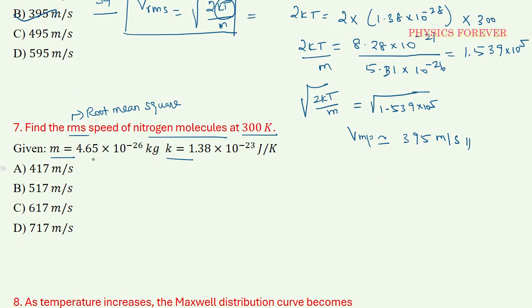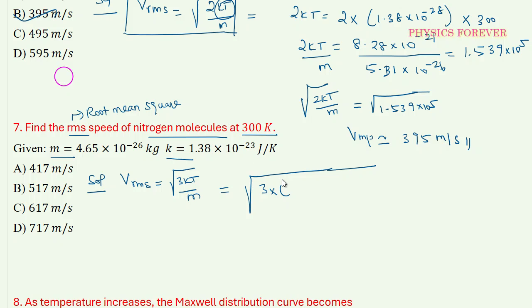So 3 into k, which is 1.38 into 10 power minus 23, into the temperature T equal to 300, divided by the mass, 4.65 into 10 power minus 26.